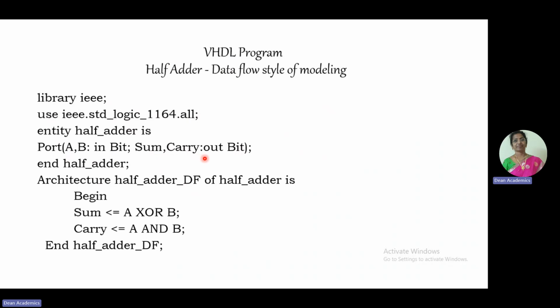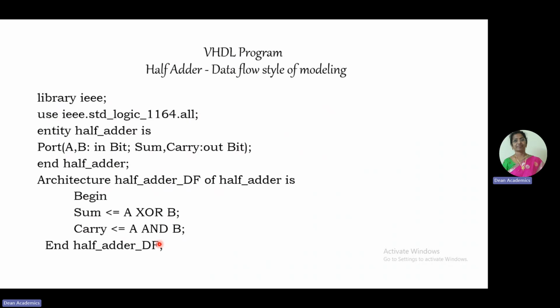Sum and carry are the output ports, they are also bit type data, and end half adder. So this is library declaration, this is entity declaration. Now coming to the architecture body, architecture half adder in data flow style of half adder is begin, sum is assigned with A XOR B, and carry is A AND B, and end half adder data flow style.